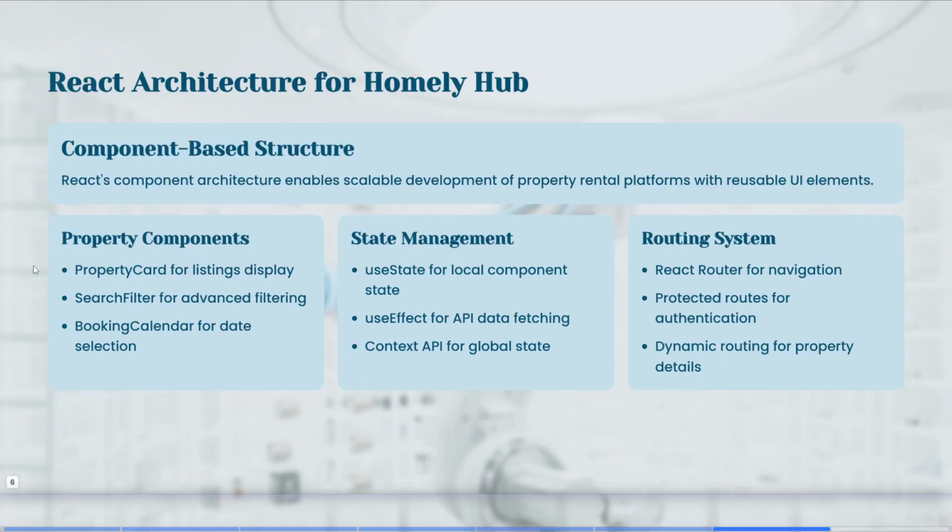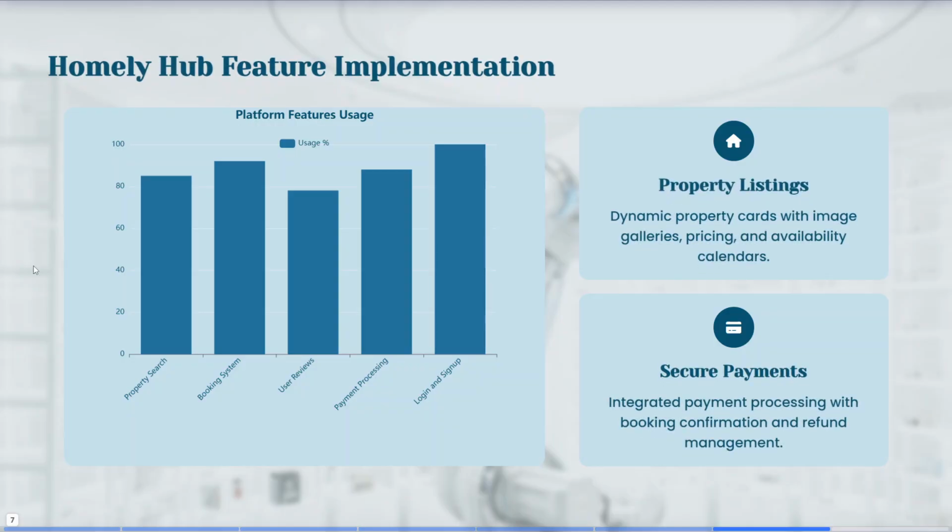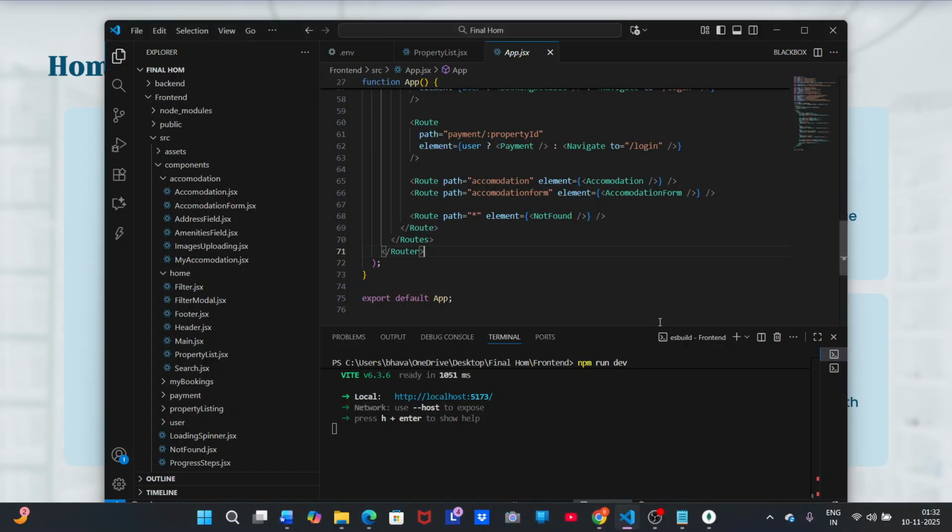When it comes to the Homely Hub feature implementation, I have implemented the property search and booking system, user reviews, payment processing, login and sign up, and also filtering. Let me show you by running.